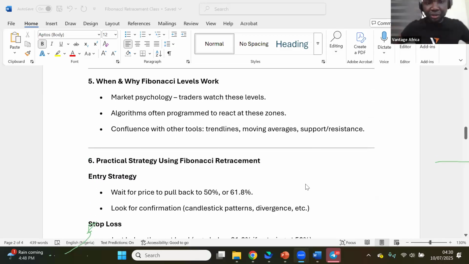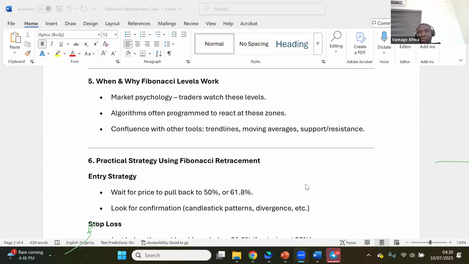Now, when and why does Fibonacci work? Fibonacci works mainly because of market psychology. Traders watch these levels. I said it before: the reason why a lot of technical analysis tools work is because traders expect them to work.